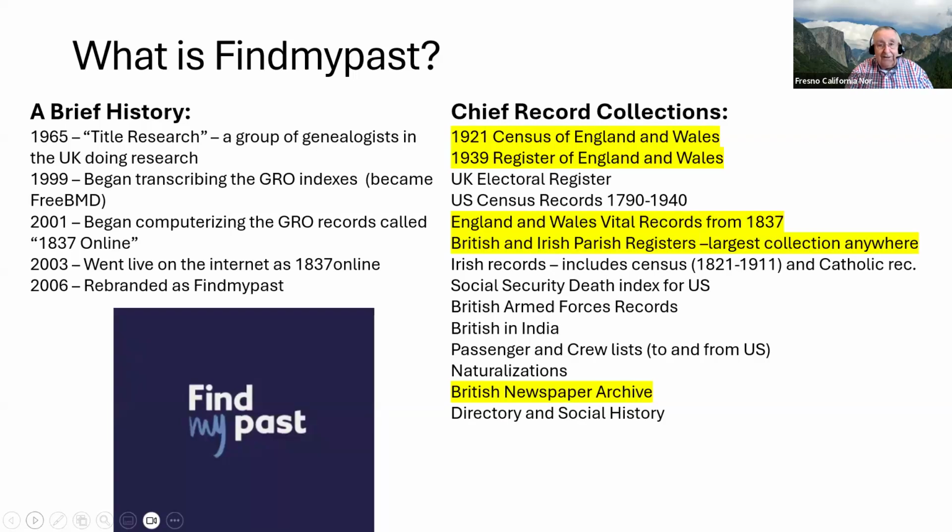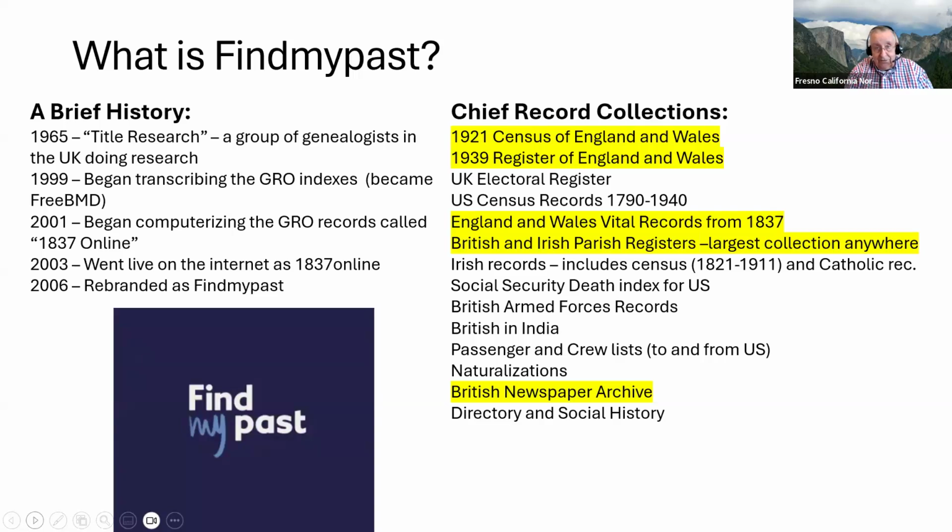Okay, the chief collections that they have there: this is primarily a UK site. The majority of the records pertain to the United Kingdom and also the British colonies around the world, Canada, and other countries around the world.